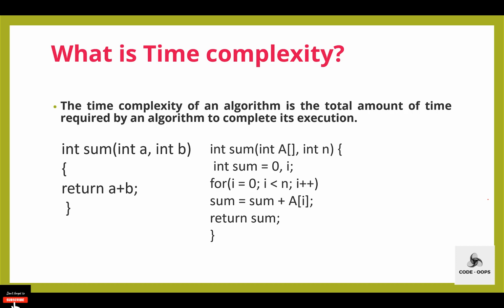To solve this problem, we must assume a model machine with a specific configuration so that we are able to calculate generalized time complexity according to that model machine. To calculate the time complexity of an algorithm, we need to define a model machine.